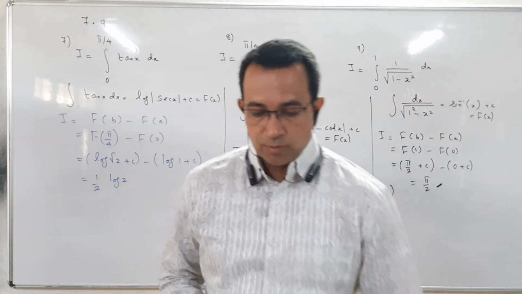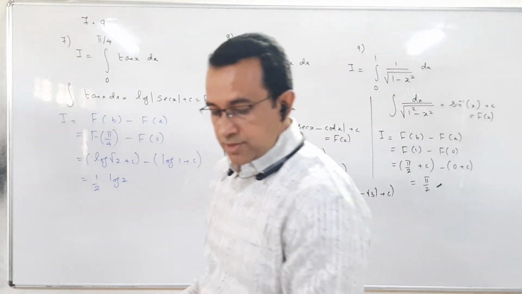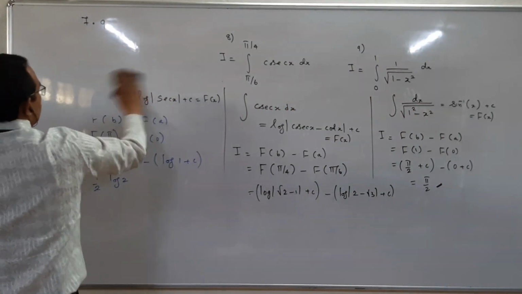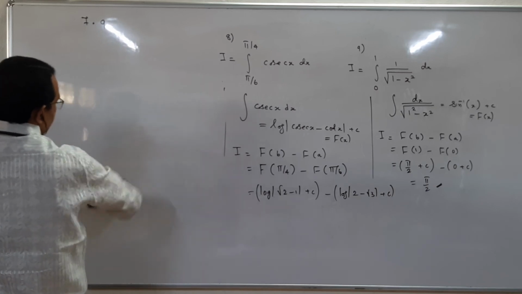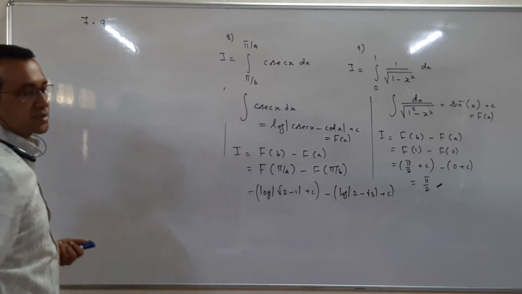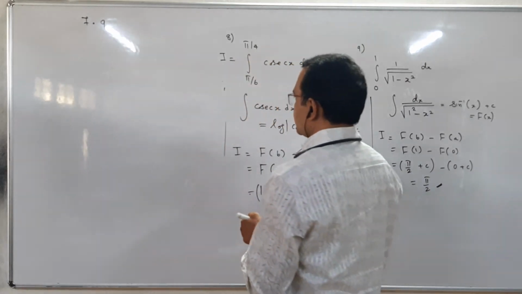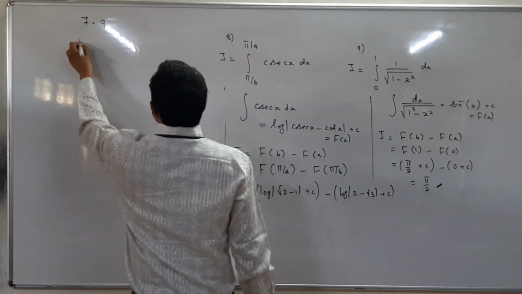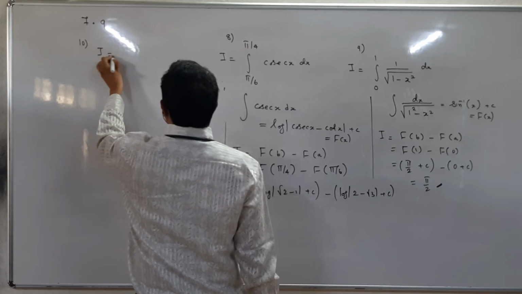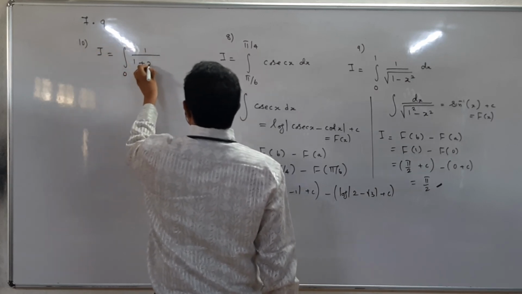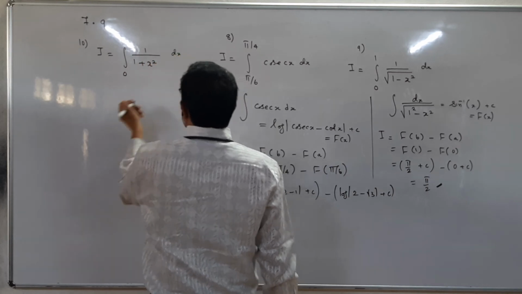Let us do one more sum and then, students, we will start. Remaining questions, students, we will do in the next lecture. Let us do sum number 10. It is integration 0 to 1, 1 upon 1 plus x squared dx.